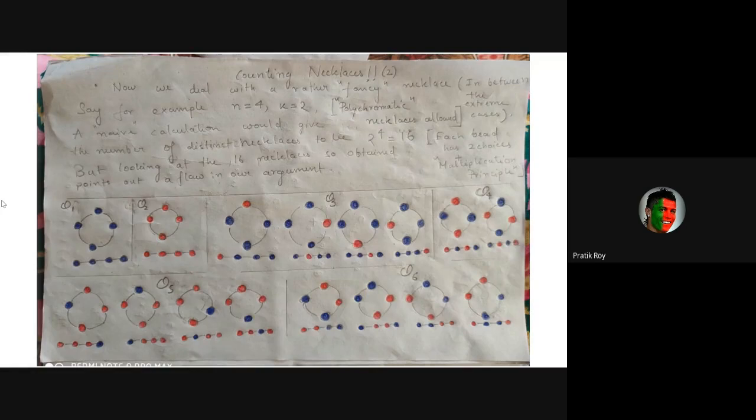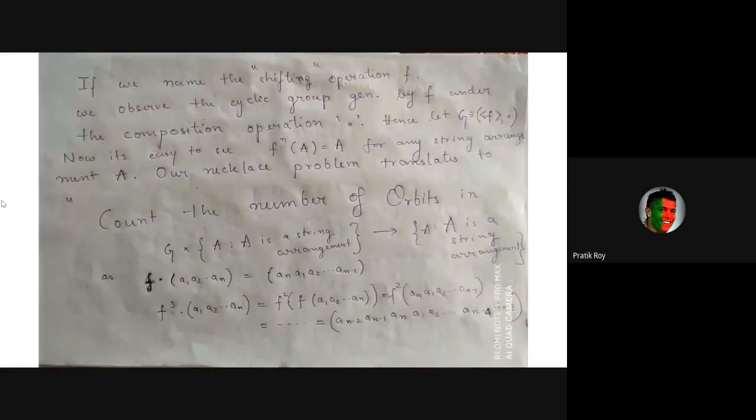We see that all the strings in a particular subset, like O3 or O4, can be obtained from one another by performing a right shift operation, or some composition of right shifts a certain number of times. So these sets we had are nothing but the orbits, and so the names were given as O1, O2, O3, O4, O5 and O6. Okay.